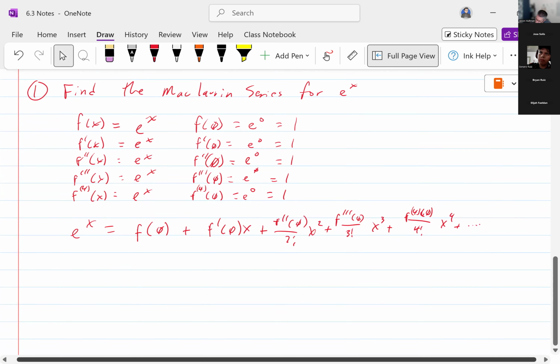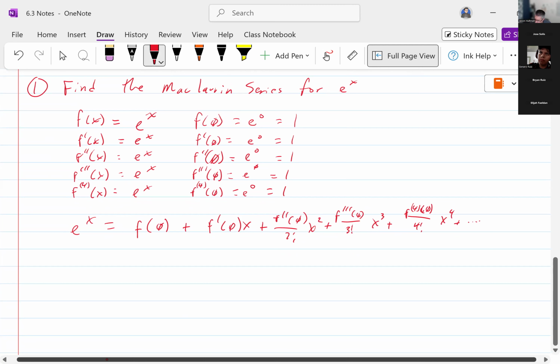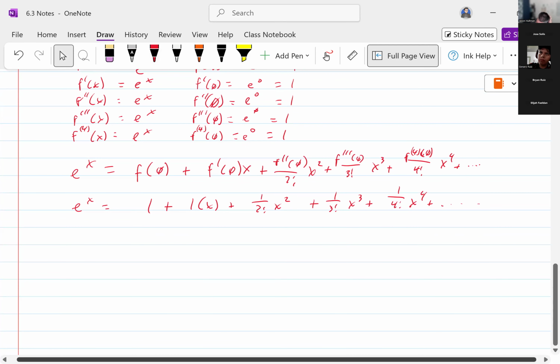Okay. So now we're going to plug in all of these functions evaluated at 0. Well, what are all these functions evaluated at 0? They're just 1s. So e to the x is equal to 1 plus 1 times x plus 1 over 2 factorial x squared plus 1 over 3 factorial x cubed plus 1 over 4 factorial x to the fourth plus dot, dot, dot, forever.